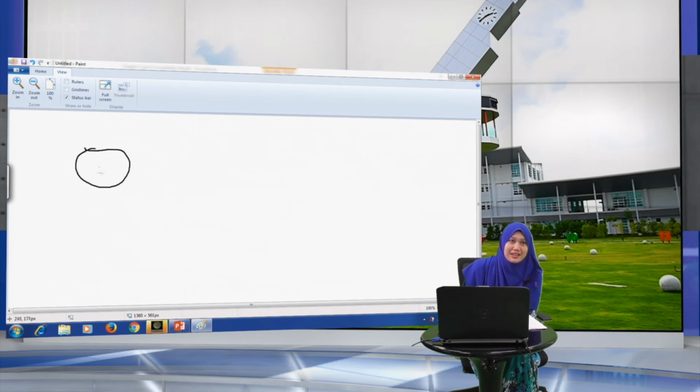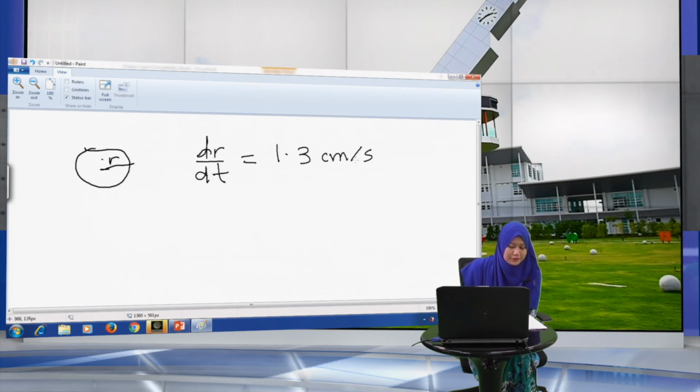So here, this is the radius, r for radius, and the rate at which the radius is increasing, dr/dt, is equal to 1.3 cm per second. Okay, that's the information from the problem.